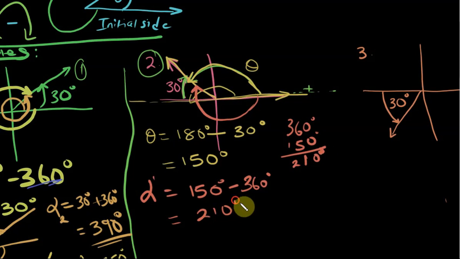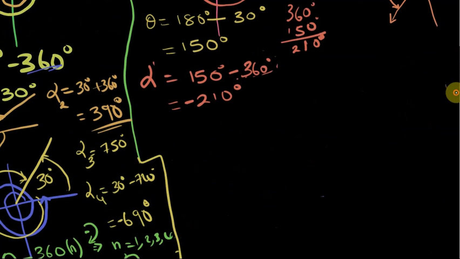So 210 degrees, which is negative, because 150 minus 360 gives you negative 210 degrees. That's just one of our coterminal angles of our given reference.